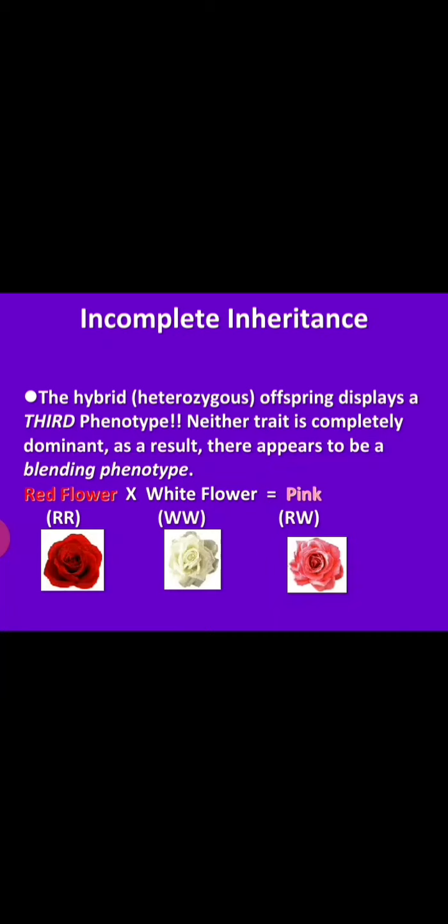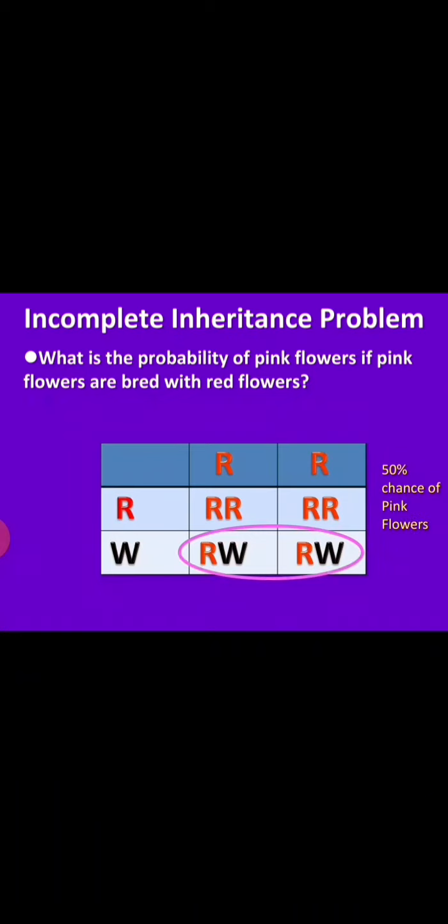Instead, they appear pink in color. This is due to incomplete dominance. An incomplete dominance inheritance problem: what is the probability of pink flowers if pink flowers are bred with red flowers? 50% chance of pink flowers.